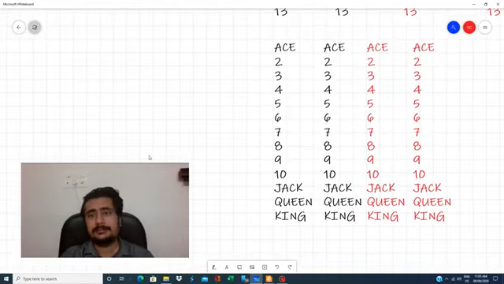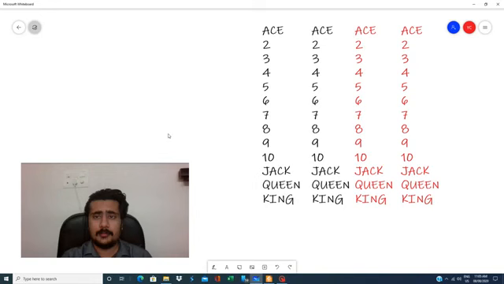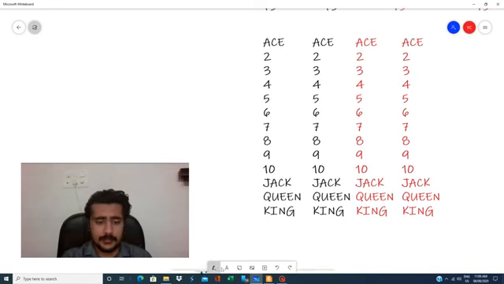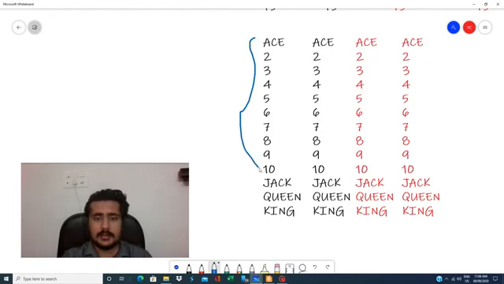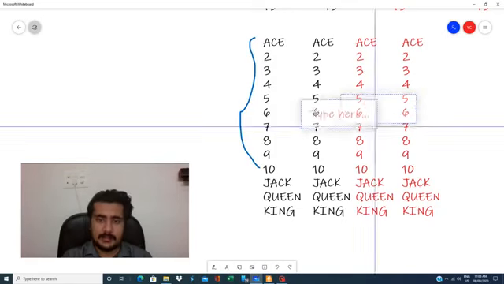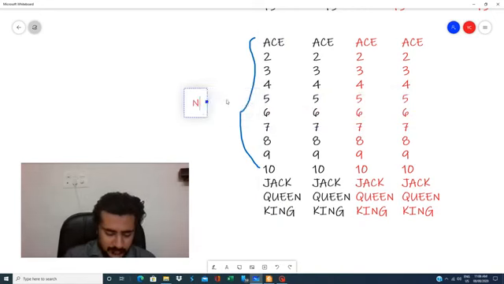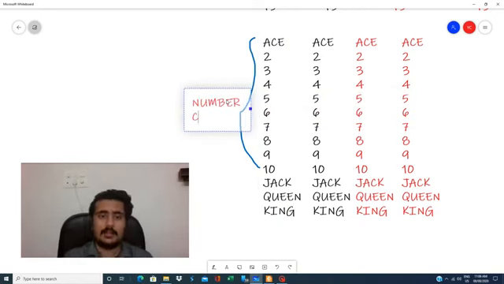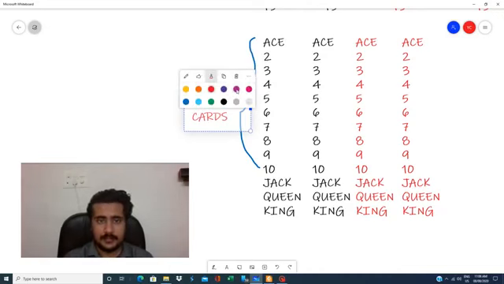Now I will give you information about how these cards are termed. These cards, that is 10, 10, 10, 10, so 40, are termed as number cards.